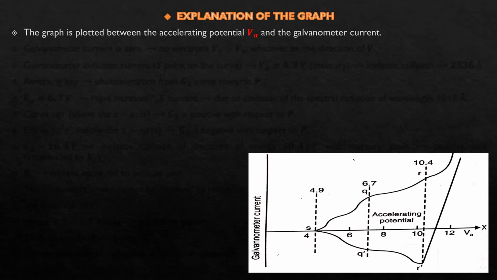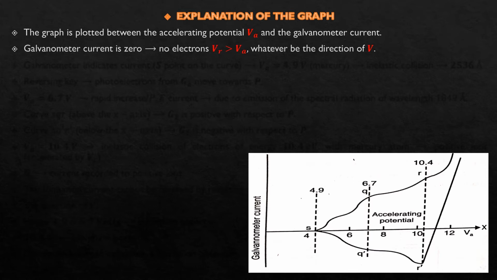Explanation of this graph: we draw the graph between galvanometer current and the accelerating potential. There is a vast difference between the accelerating potentials of 4.9, 6.7 and 10.4. So the graph is plotted between the accelerating potential VA and the galvanometer current.